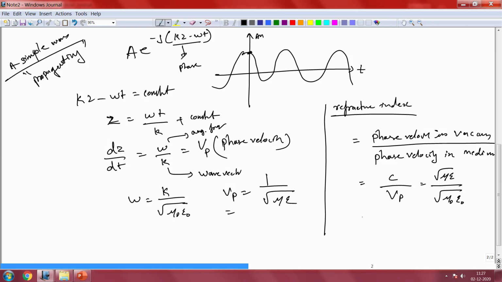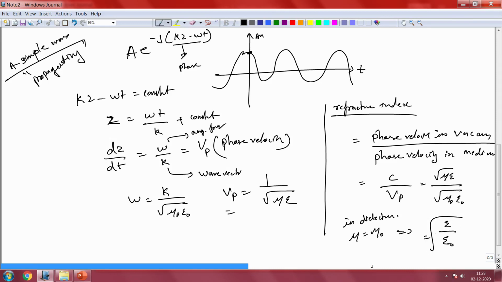So if you consider a dielectric medium, when mu equals mu naught, it is a non-magnetizing material, let us say, then this would become root of epsilon over epsilon naught.